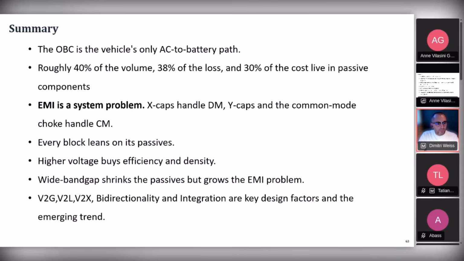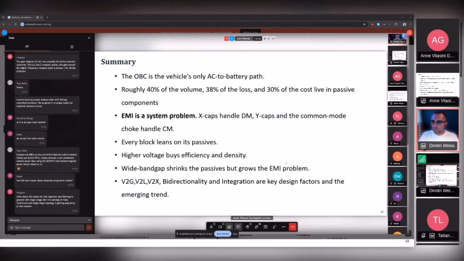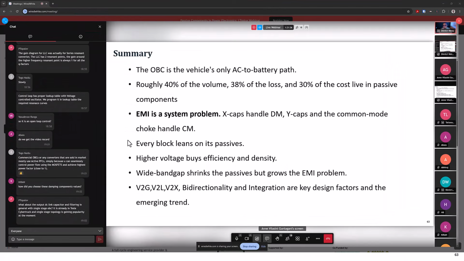Regarding the passive PFCs, is that an option in OBC, or is only active PFC always considered, and why? I actually don't see the question. Do you see the chat? Let me refresh. Maybe I start from the last question. Yeah, sure, that's up to you. I am sharing my screen again so you can see the chat.